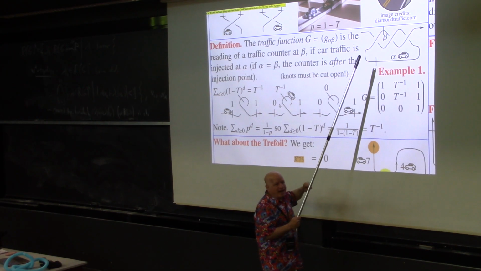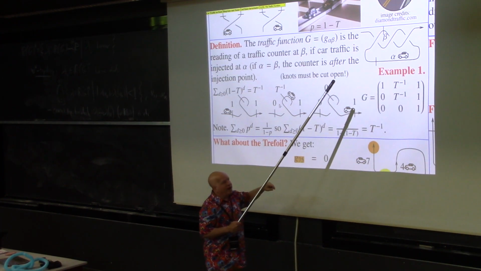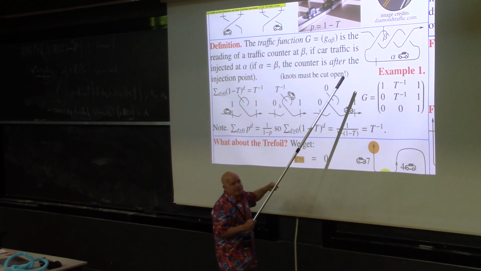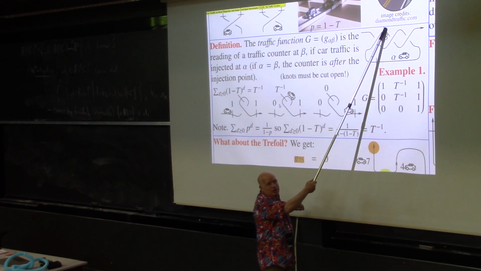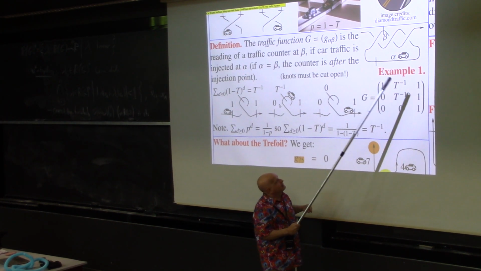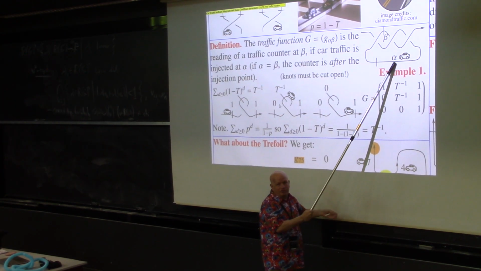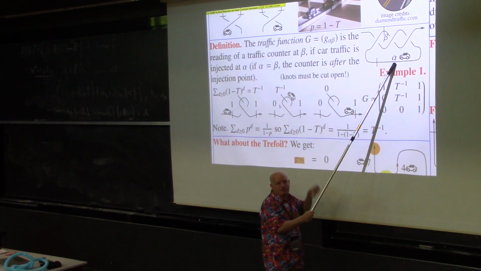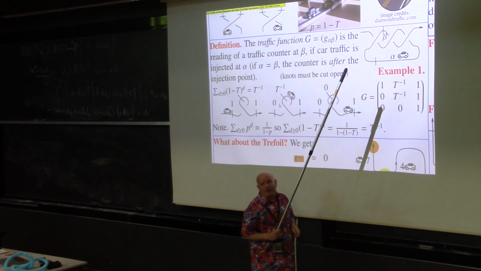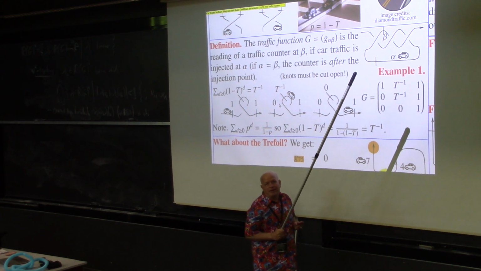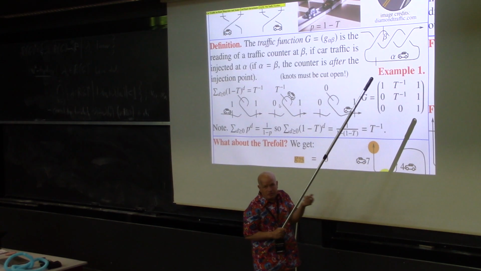And G alpha beta is the amount of traffic that a counter placed at beta will measure, assuming that you are injecting a unit amount of traffic, I don't know, 1 car per second, on edge alpha. Okay? So again, it's a function of 2 edges, or a matrix if you wish.